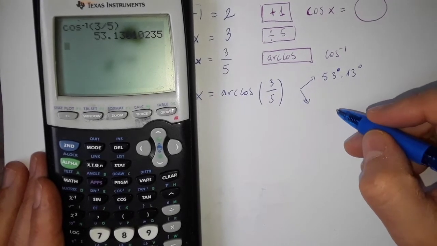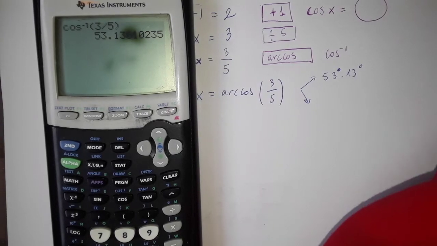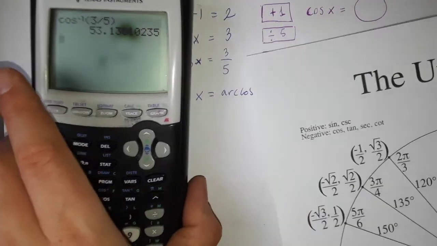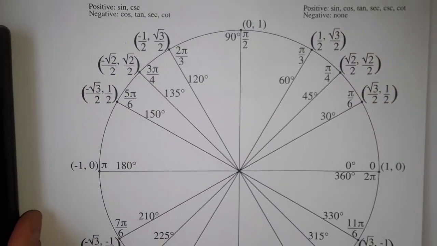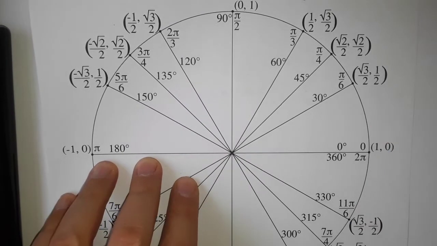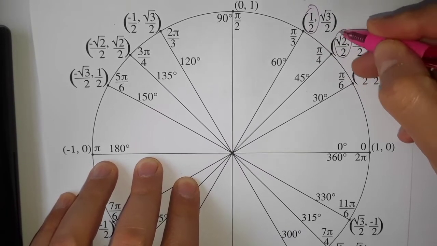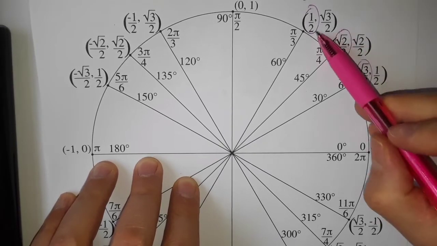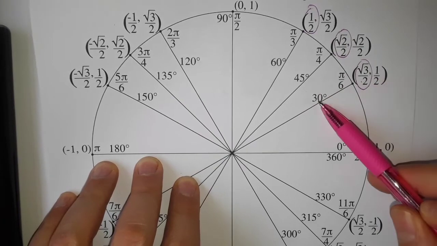And then, if we look at the symmetry of the cosine here in the unit circle, we can see that for the cosine, this would be the cosine of 60, this would be the cosine of 45, this would be the cosine of 30.